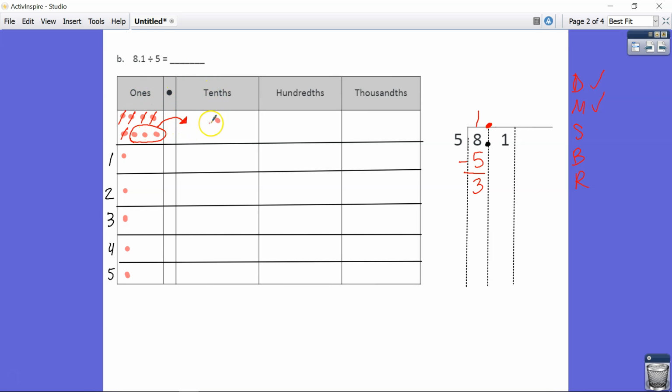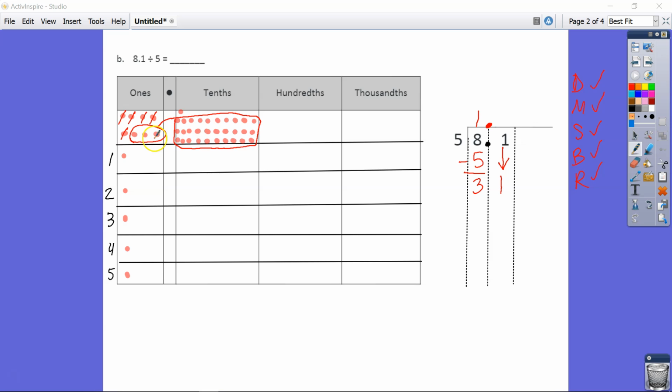My ones are going to tenths, plus I already have 1/10. So watch this. If you look at your place value, your $3 is now going to transition over to dimes, and now I have 31 dimes. Here's my 3 ones that were regrouped or renamed as 30 dimes.